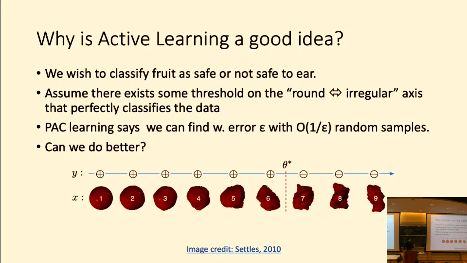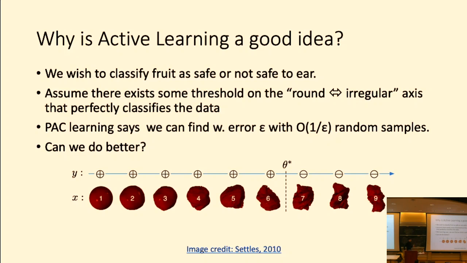And the idea is that this is a realizable problem, so there exists a threshold where these are actually separable. Everything above it is not edible and everything below it is, or vice versa. And so you ask, how many examples would I need if my actual background distribution was uniform on the interval in order to find the threshold up to error epsilon?